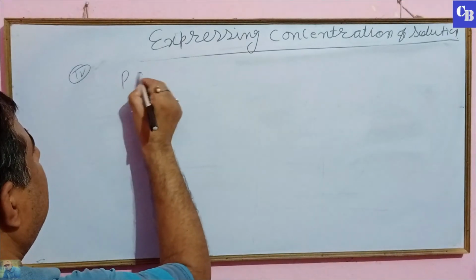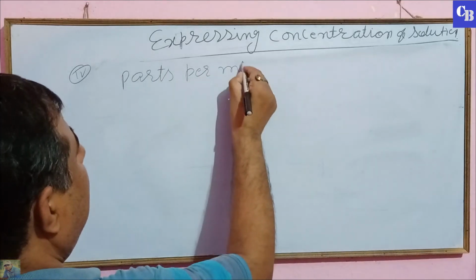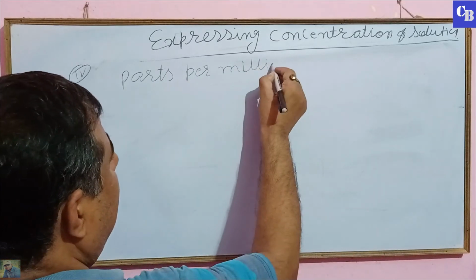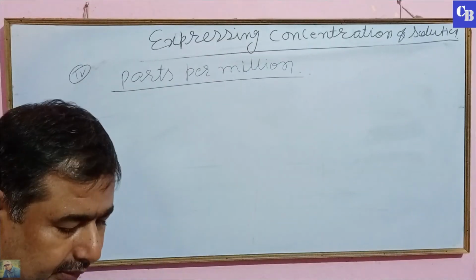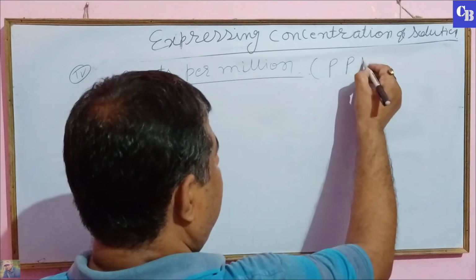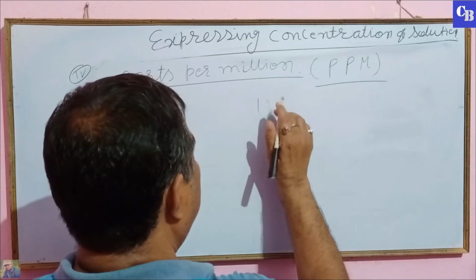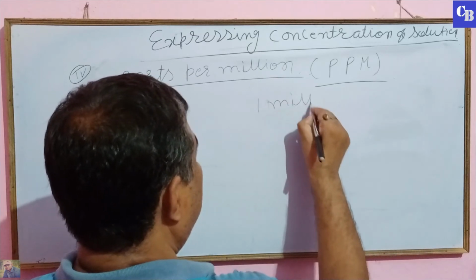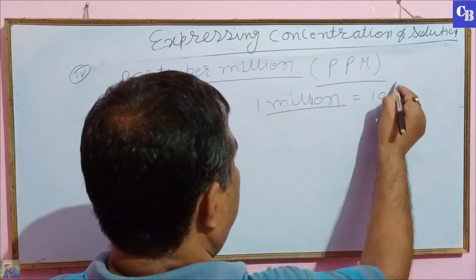Fourth method is parts per million. Parts per million, that is called ppm. Million is ten to the power 6.